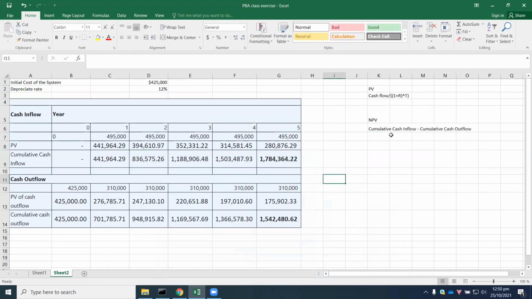It says cumulative cash inflow. Now, all these values are cumulative cash inflow. So which value are you going to take? What do you think? Sharat, which value are we going to take from here? The final amount? Yes, the final amount, the total.